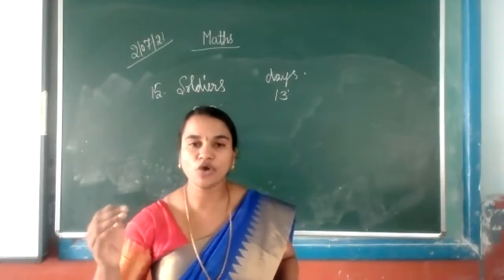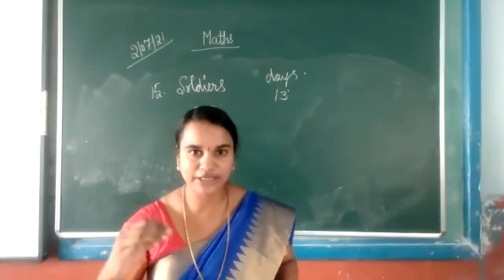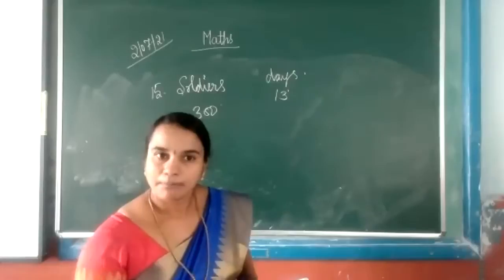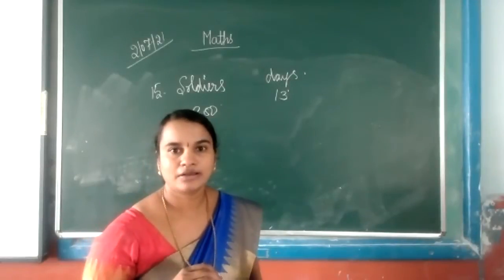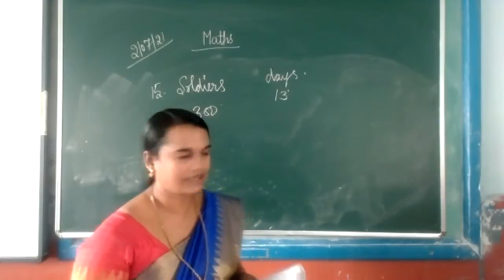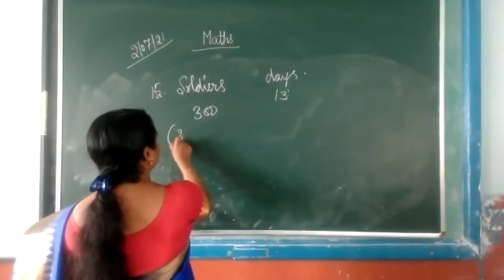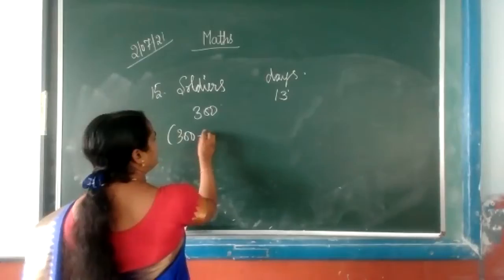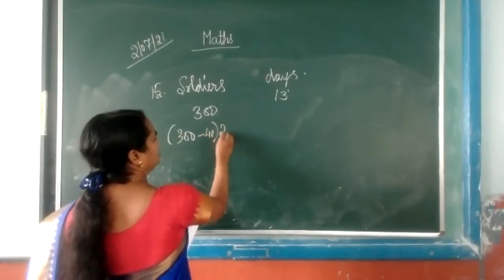The strength of your class will increase or decrease? It will decrease. So what do we have to do, minus or plus? Subtraction. That means 300 minus 40, you will get 260.